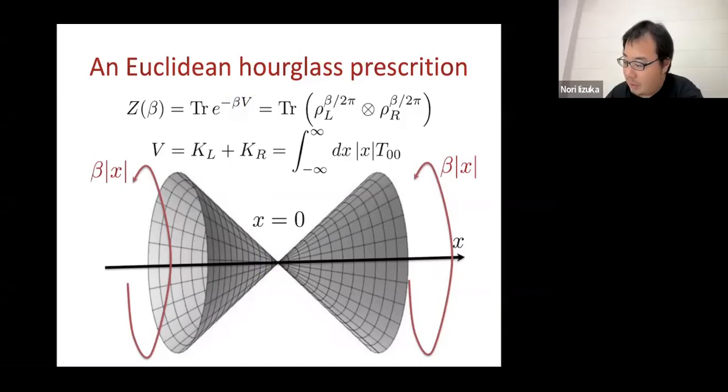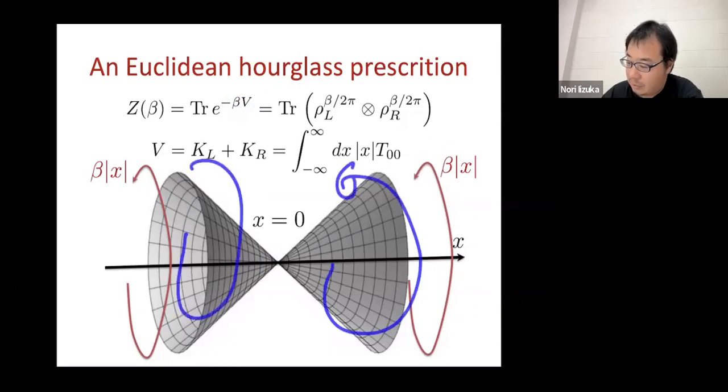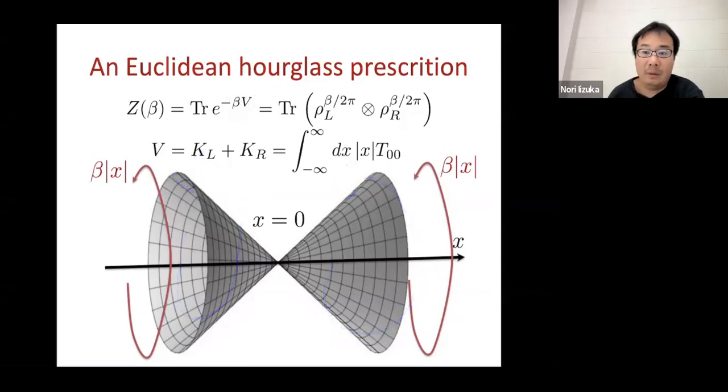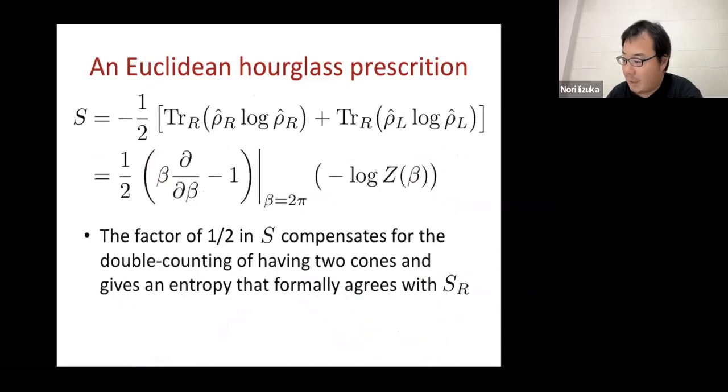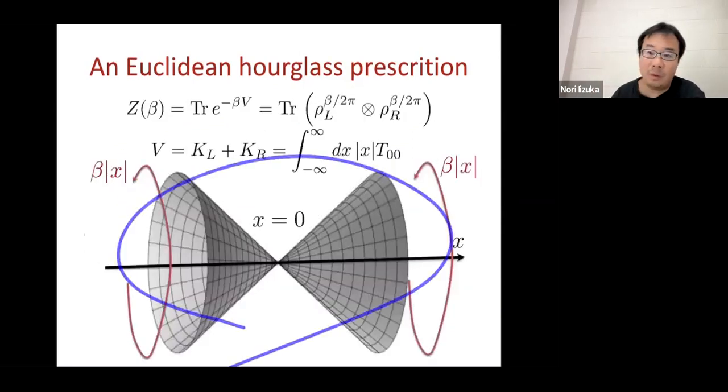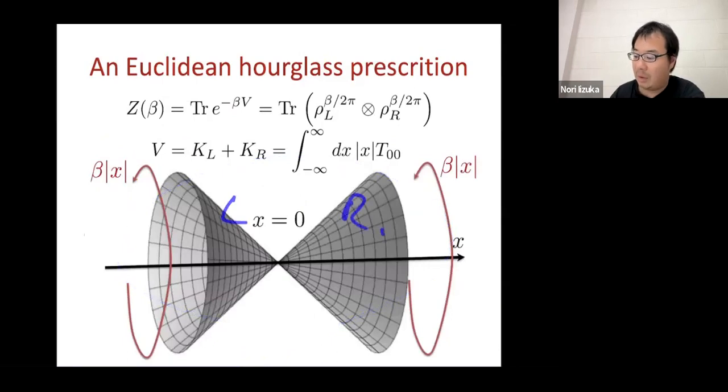Now there's an isometry, which is this theta direction, in this formal argument. Then we want to calculate the entropy. The reason for the factor of half is that the whole space contribution contains both left and right, but if you are interested in only the right quantity, you have to divide by 2.